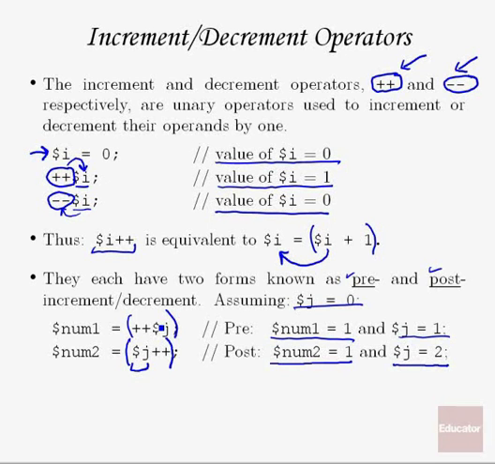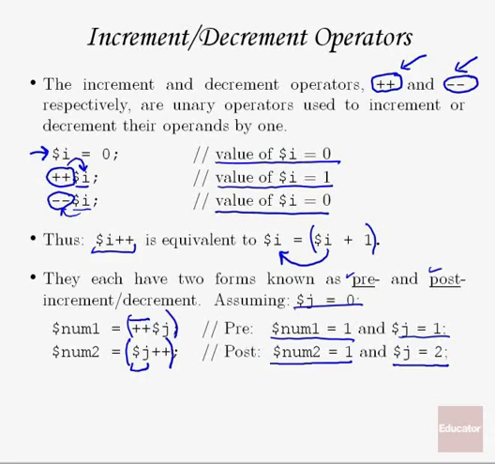So in general, you don't see the post operators that much. We'll be using these operators mostly when we get to loops, which are ways to repeatedly go over lines of code. Basically, they use a counter, and we use the pre-increment operator to continually add one to the counter each time it goes through the loop, for example.